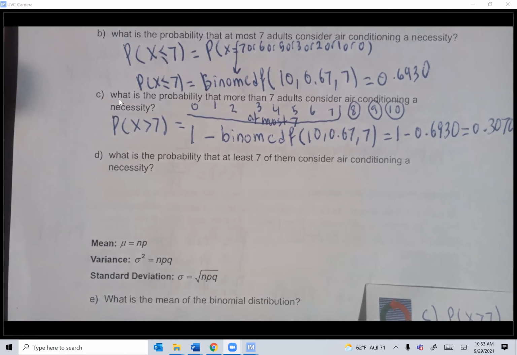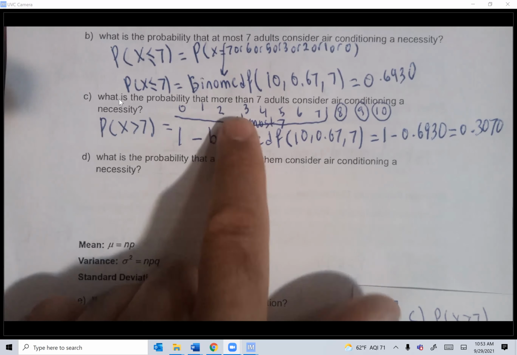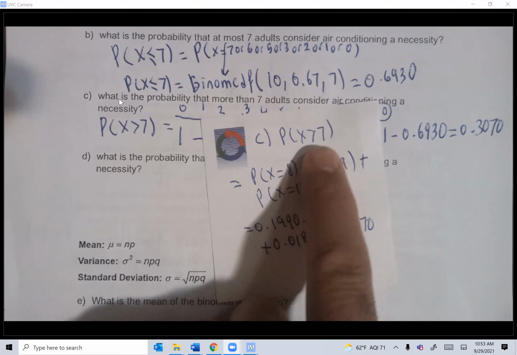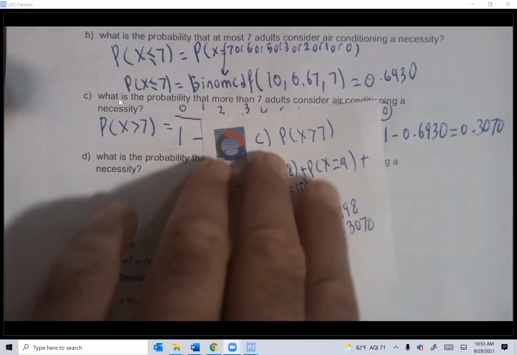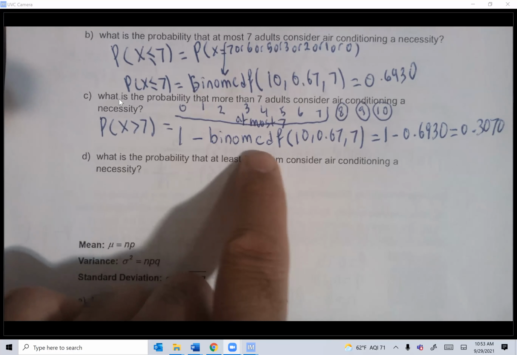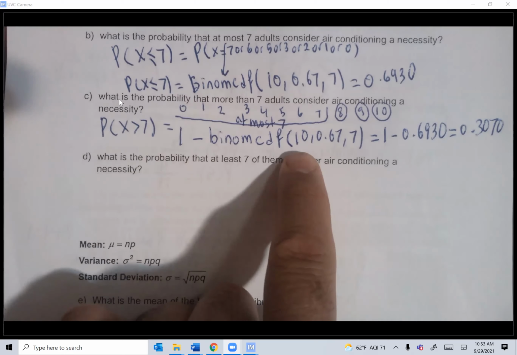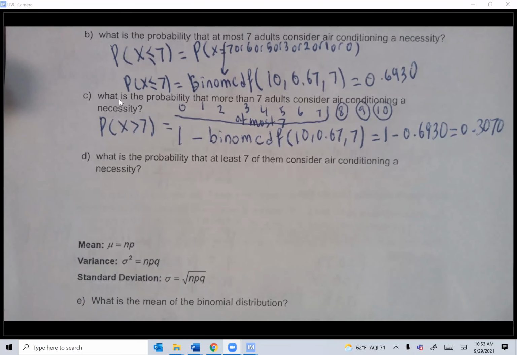So you have two choices, guys, to do more than. You can do it just like what I did here, list all the items that are more than 7 and find the probability of each one and then add them up. Or you can do 1 minus binomial CDF on n = 10, 0.6, and 7, and then you get the answer.